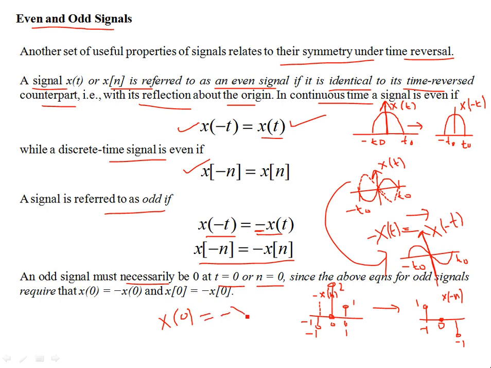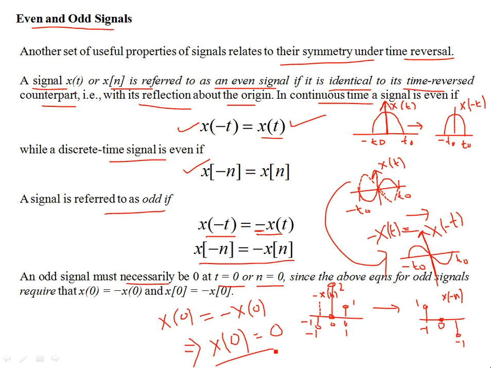It's minus x of 0. Okay, so it cannot be 2 equal to minus 2 or 1 equal to minus 1 or 10 equal to minus 10. Okay, this only implies that x of 0 should be identically equal to 0. That's it, no other way.